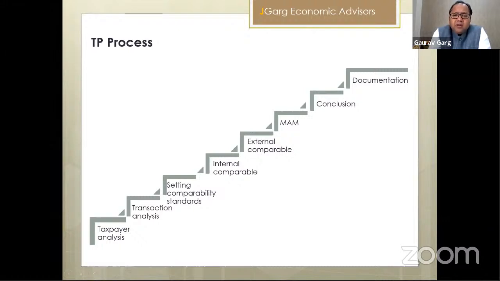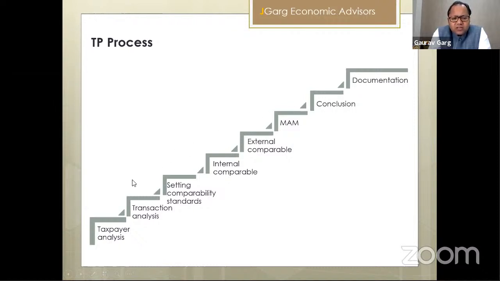If it is possible to carry out reasonable or accurate adjustment, then one must do the adjustment to the comparable transaction. And then we need to conclude whether the transactions are at arm's length or not.